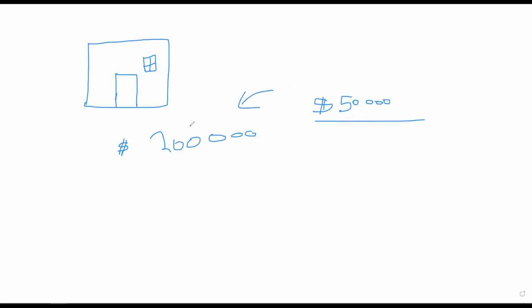Let's say the market goes down, unfortunately, and in a year the house is worth $150,000. If you sell this house at this price, you will get $150,000, but you will still owe the bank $200,000, which means you'll make a loss of $50,000.